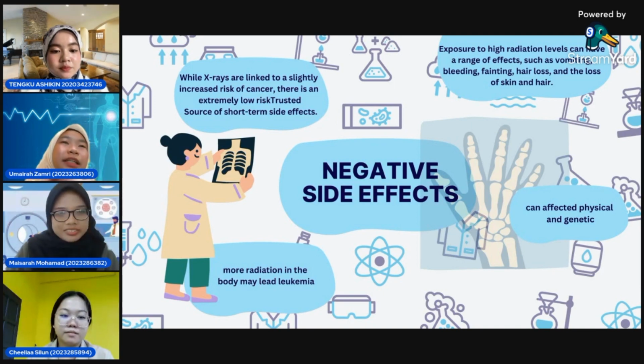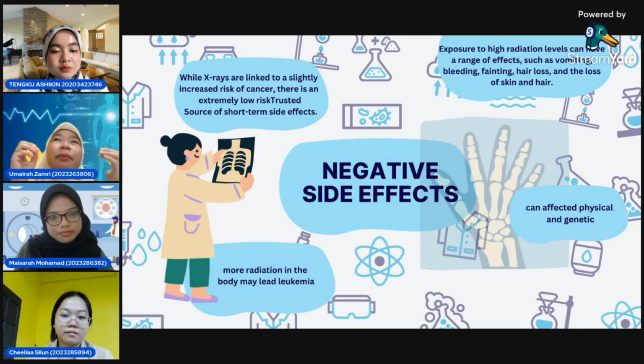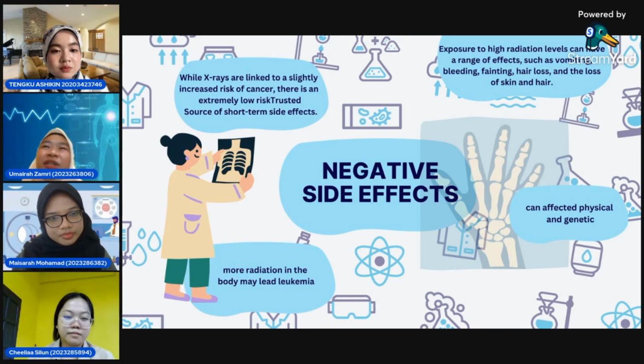Okay. The next slide is the negative side effects of medical imaging or the X-ray. While X-rays are linked to a slightly increased risk of cancer, there is an extremely low risk of short-term side effects.